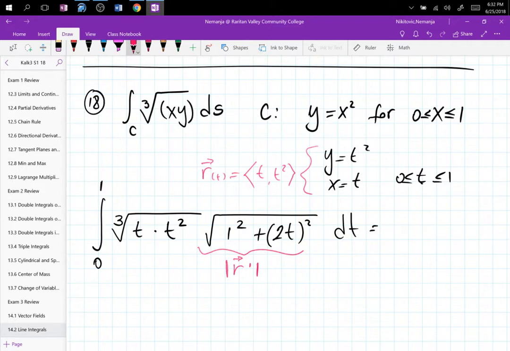And then the absolute value of it. So now we compute this thing. Integral 0 to 1, cube root of t cubed, the square root of 1 plus 4t squared dt.